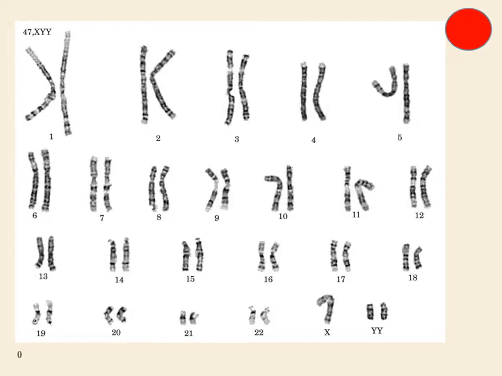So here's another karyotype, and you'll notice that they have an extra Y chromosome. And again, they could have 3 Ys, 4 Ys. So some scientists did some studies with the extra Y chromosome, because we know that testosterone is a male hormone, and they found that individuals that have this extra Y chromosome, that is high for individuals that are in prison.